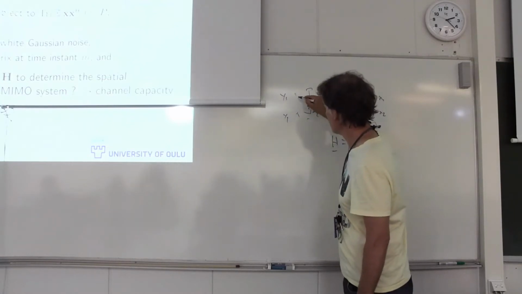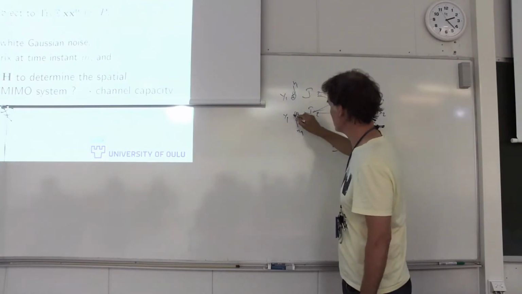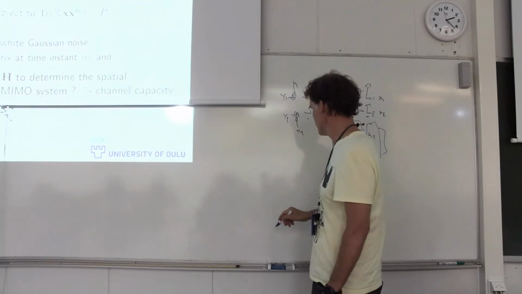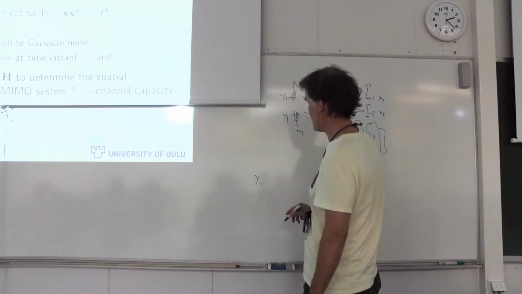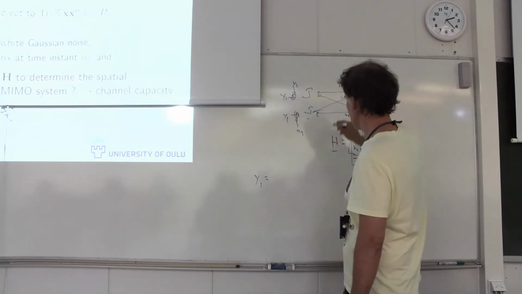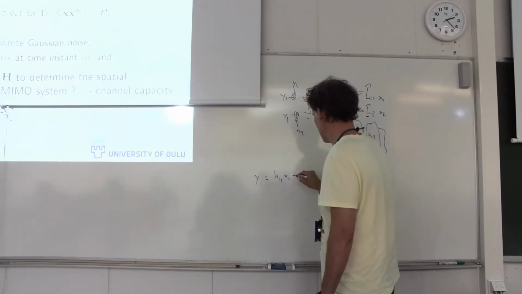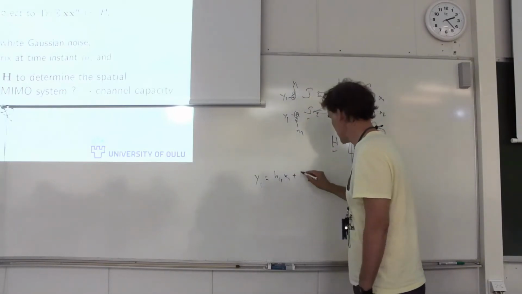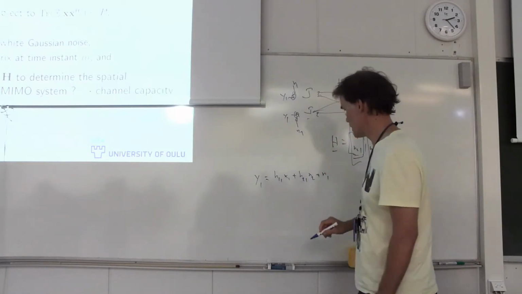Y2. We actually have independent noise here, like n1. So we have a system of equations. Right? So y1 is basically h11 times x1 plus h21 times x2 plus n1.